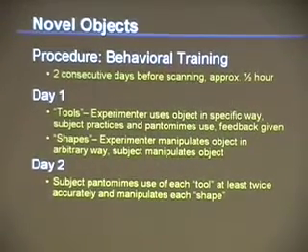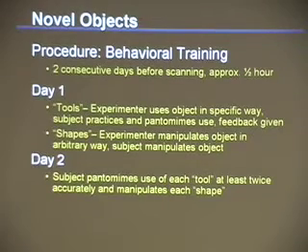They were all some kind of real functions that would specify where you should grasp the object, but they were never explicitly told this is the handle. They're just shown by the experimenter, this is what you do. The subject got to practice using the object, and then they practiced pantomiming using the tool, and were given feedback on that first day.